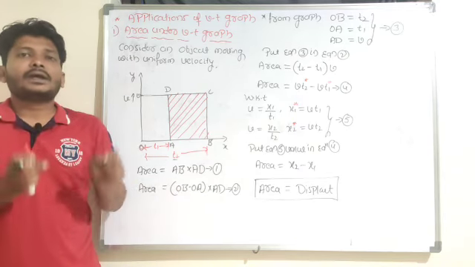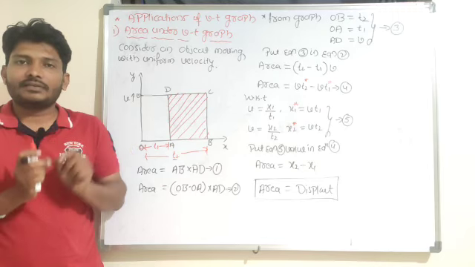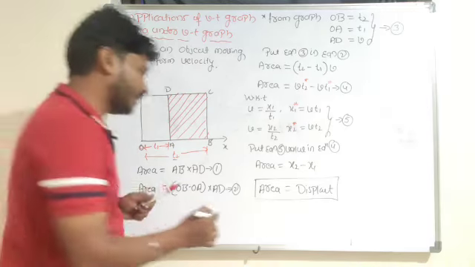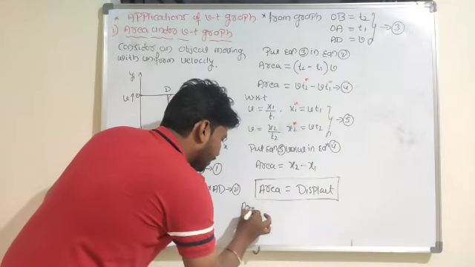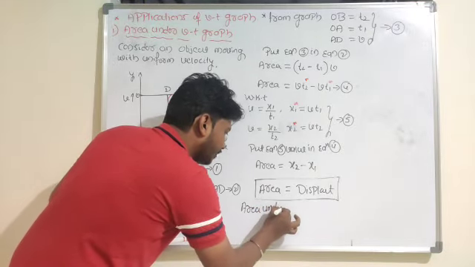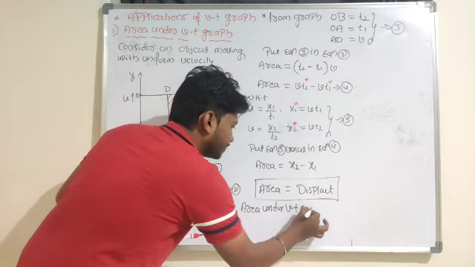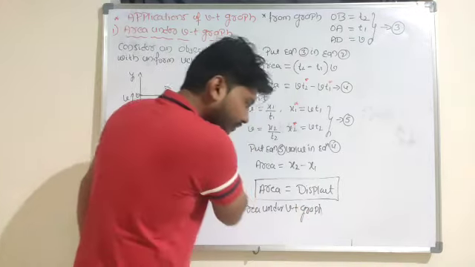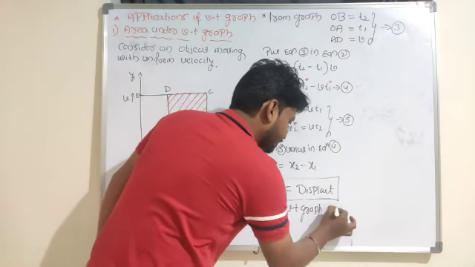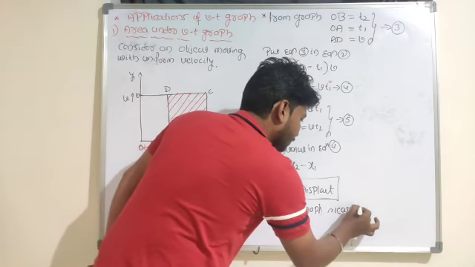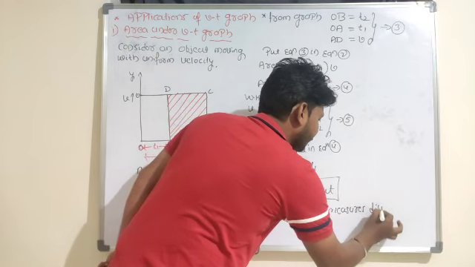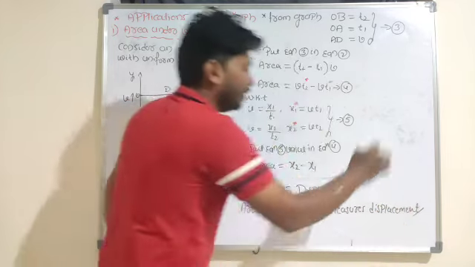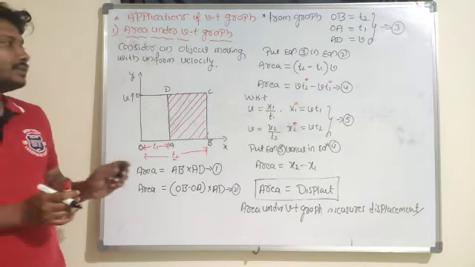So the area under the velocity time graph measures displacement.